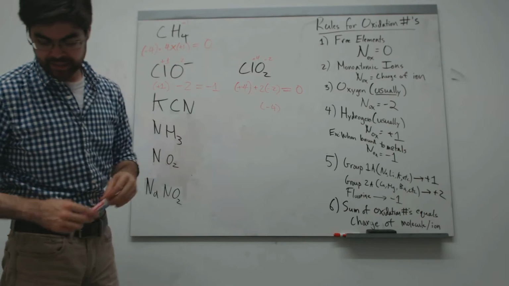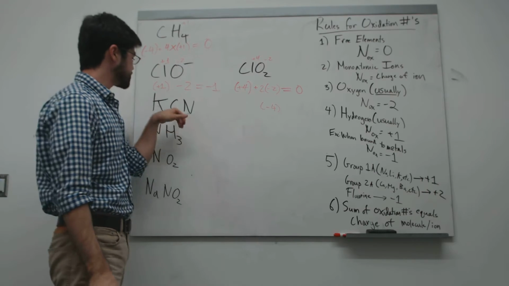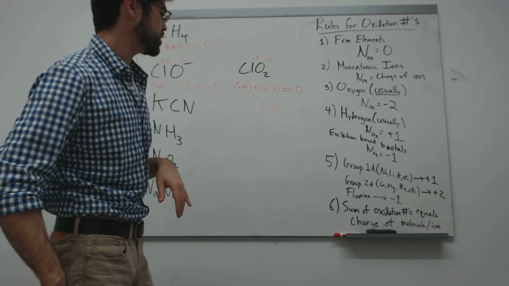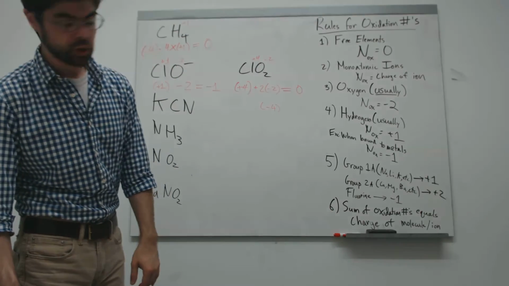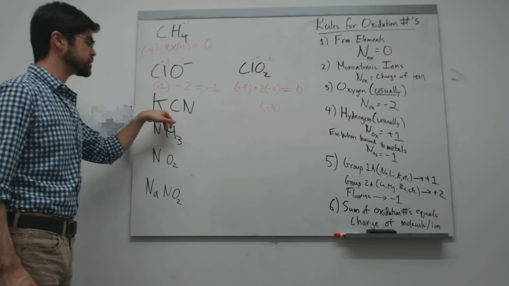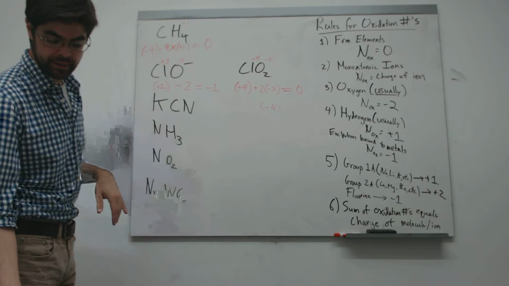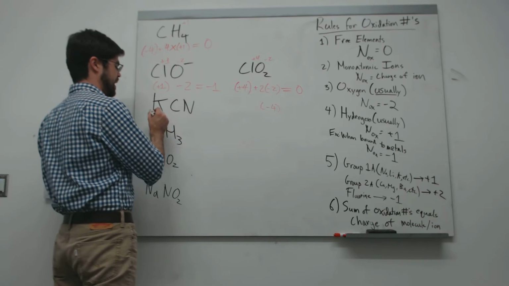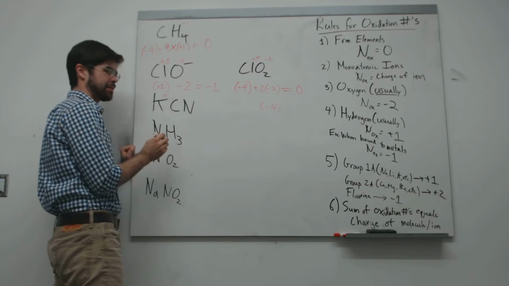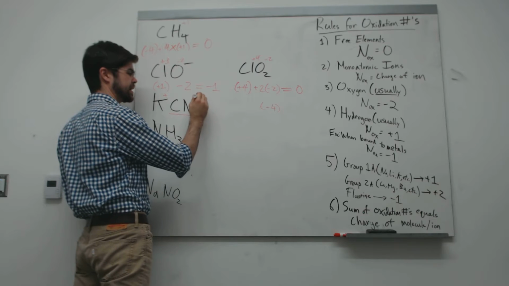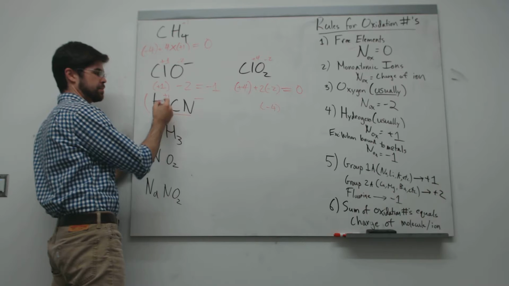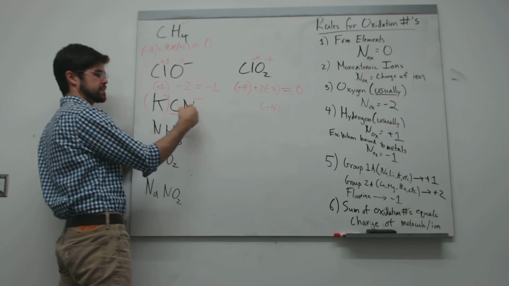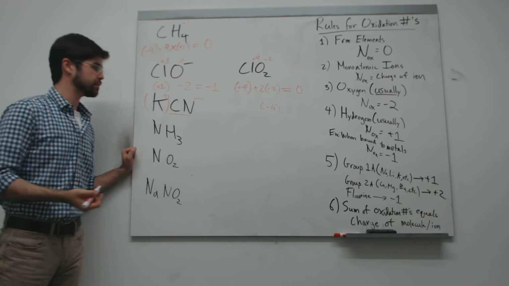For this one, potassium cyanide, there's a couple of ways to think about this. You could go straight to Rule 6, or one thing you could note is that potassium cyanide exists as a potassium ion and as a cyanide ion. So this one has a +1 charge, and this one has a net negative charge.